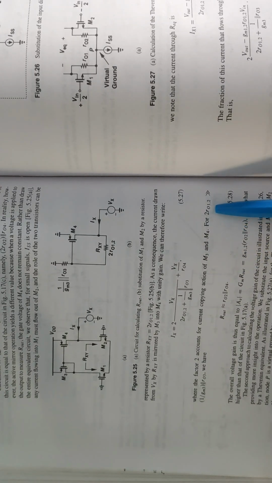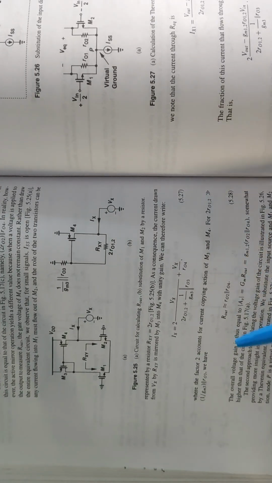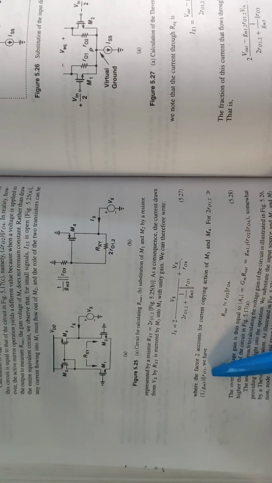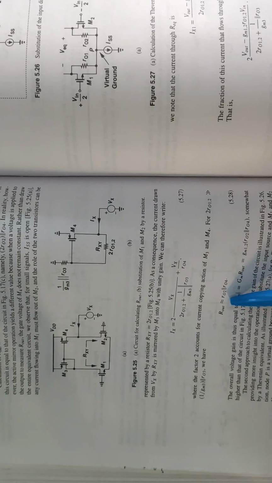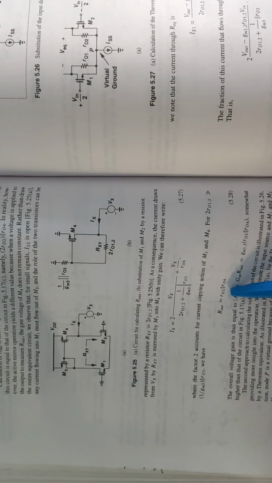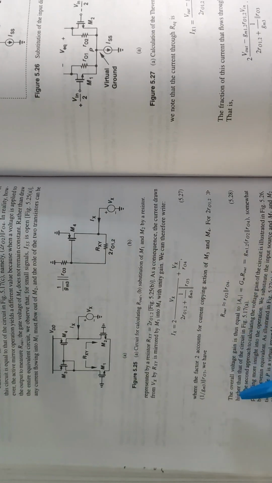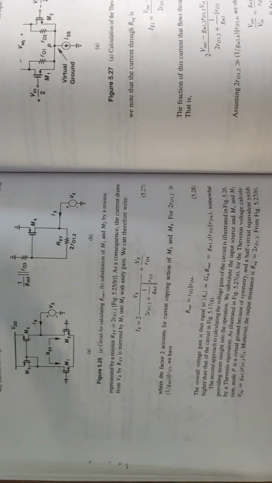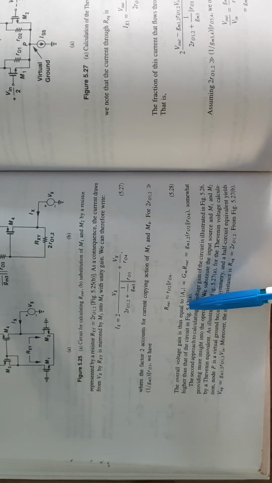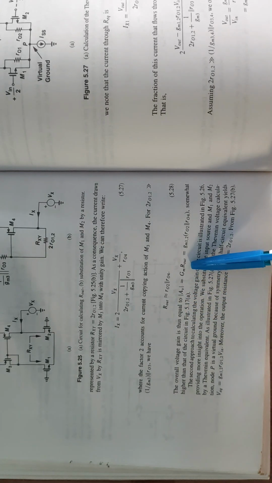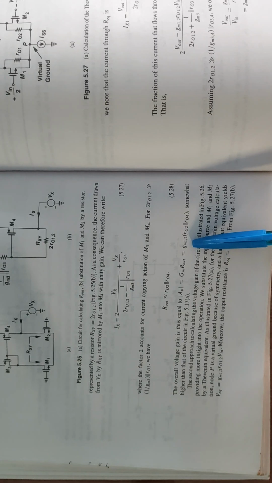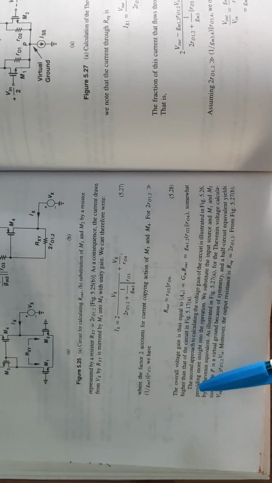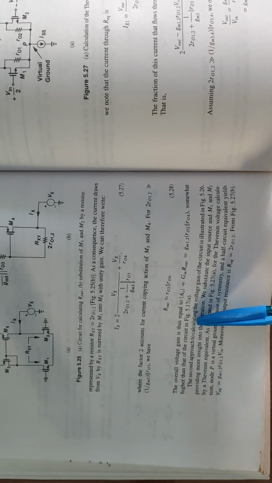For 2r01,2 very much greater than 1/gm3 parallel r03, we have Rout similar to r02 parallel r04. The overall voltage gain is thus equal to |Av| equal to Gm Rout equals gm1,2 Rout, that is gm1,2 (r02 parallel r04), somewhat higher than that of the circuit in figure A.